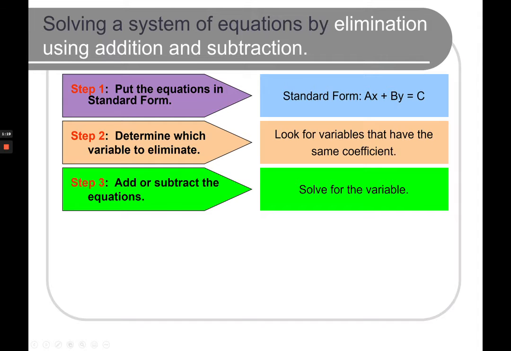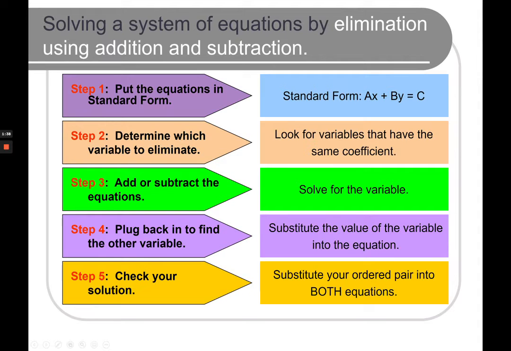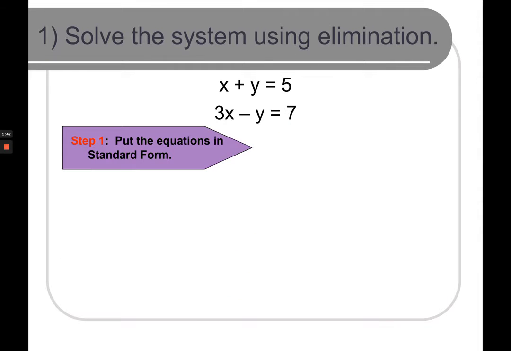Step 4, you substitute your first variable into either of the equations to find your second variable. After step 4, you have found both of your variables, and now you are ready to check if your solution is correct. Let's have an example.